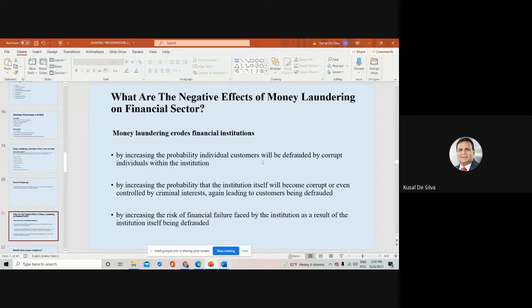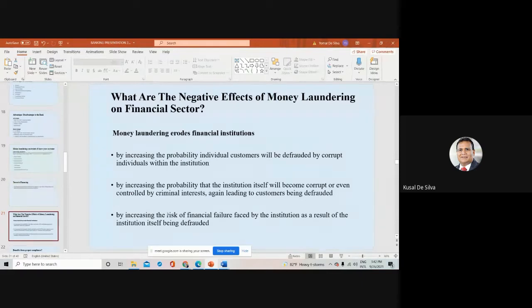Then your organization will basically get blacklisted, and overall the institution will have to bear huge losses and pay huge fines as a result of not having proper systems in place to identify these illegal financial sector activities.